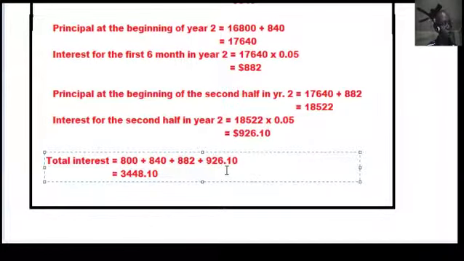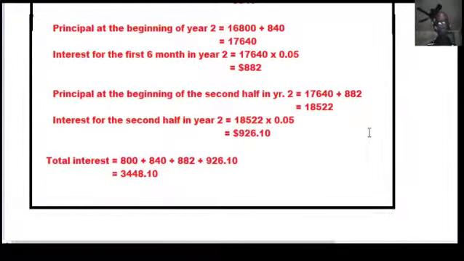This equals $3,448.10. Part B. What is the total amount of money Mr. Rowe will pay the bank by the end of 2 years?